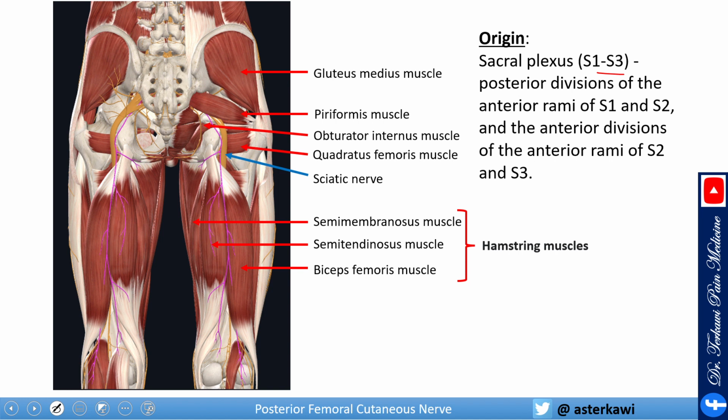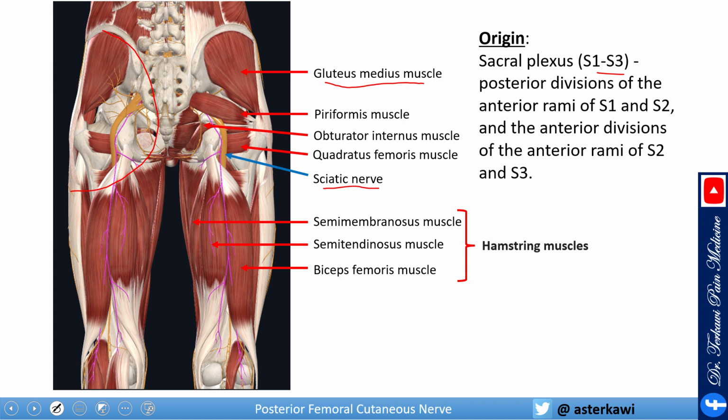What's relevant for us here: I took out the gluteus maximus muscle, so this is underneath that, the gluteus minimus, but the gluteus maximus comes from here and covers this area. And then you see the piriformis, and underneath the piriformis you see the sciatic nerve, and just medial to that you see, in the pink color, the posterior femoral cutaneous nerve.